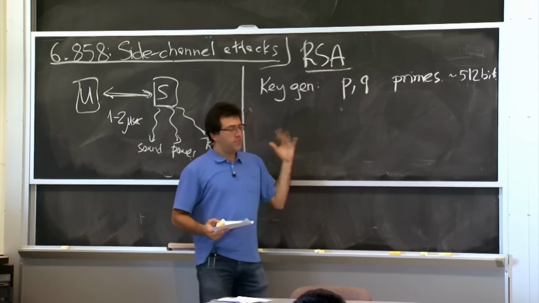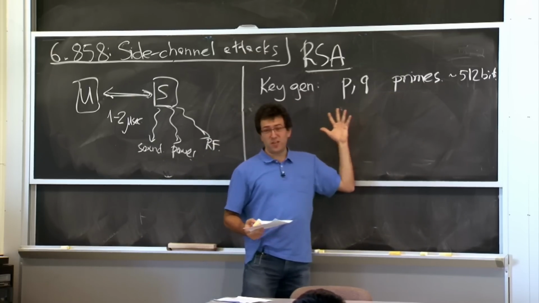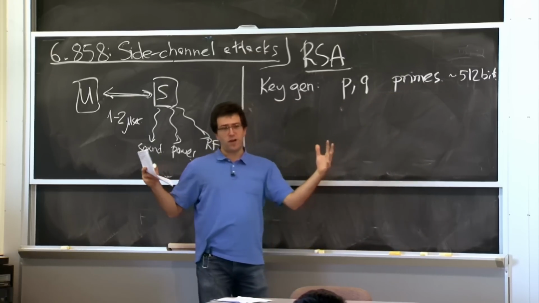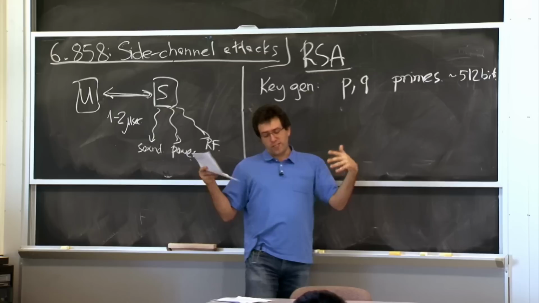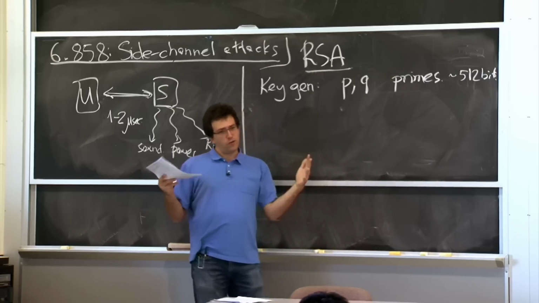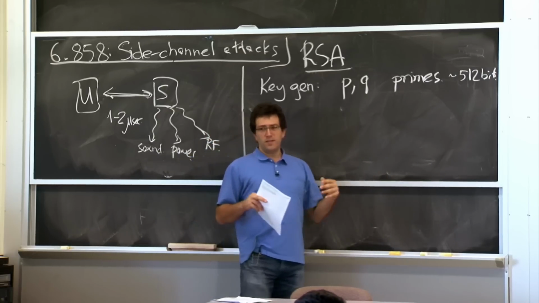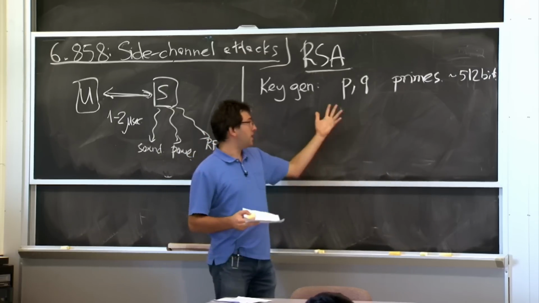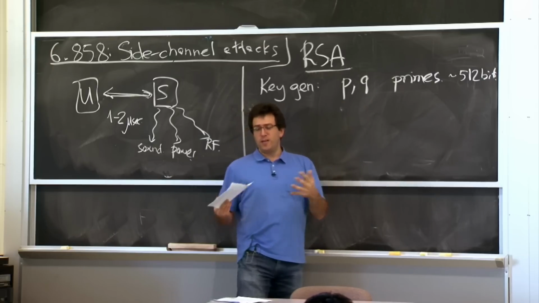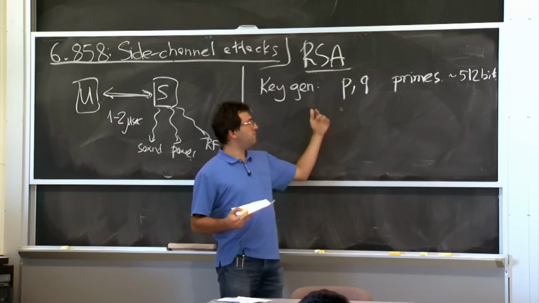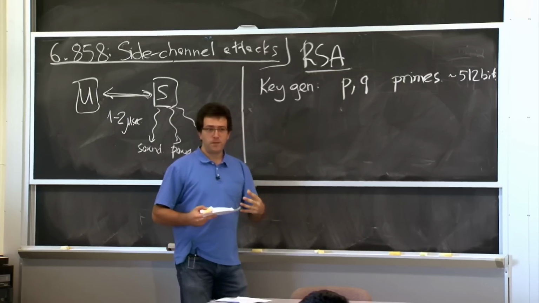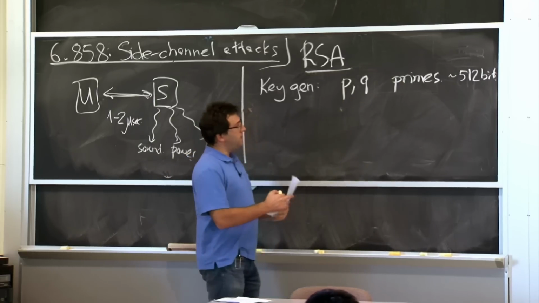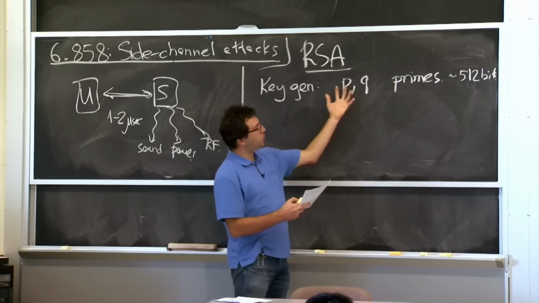These days, that's probably not a good choice for the size of your RSA key, because it makes it relatively easy for attackers to factor. Not trivial, but certainly viable. 10 years ago, this seemed like a potentially sensible parameter. Now, if you're actually building a system, you should probably pick a 2,000 or 3,000 or even 4,000-bit RSA key. But that's what RSA key size means: the size of these primes.